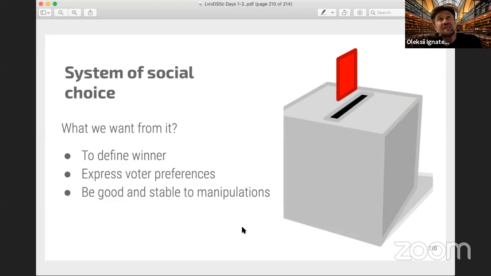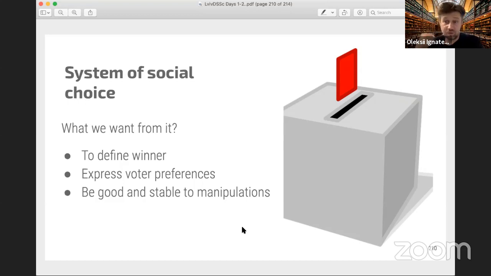Okay, exactly. He says that if we have a system that always produces a winner and has two quite natural properties, unanimity and independence of irrelevant alternatives, then the only system that satisfies all this is a dictatorship.